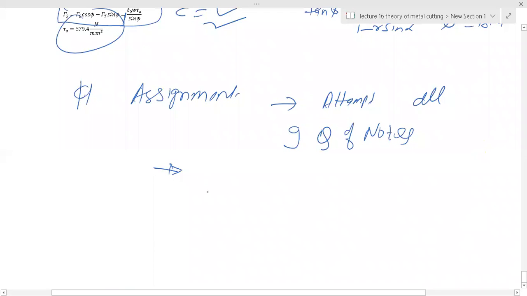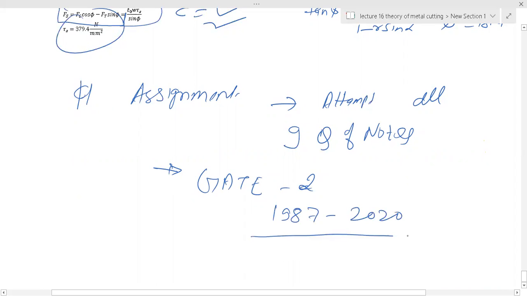Then get to the 2020 paper. This you have to attempt. Come with doubts. So this is your assignment.